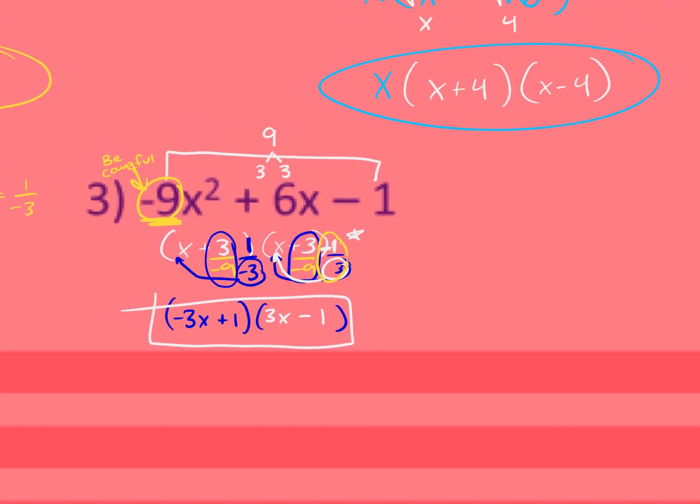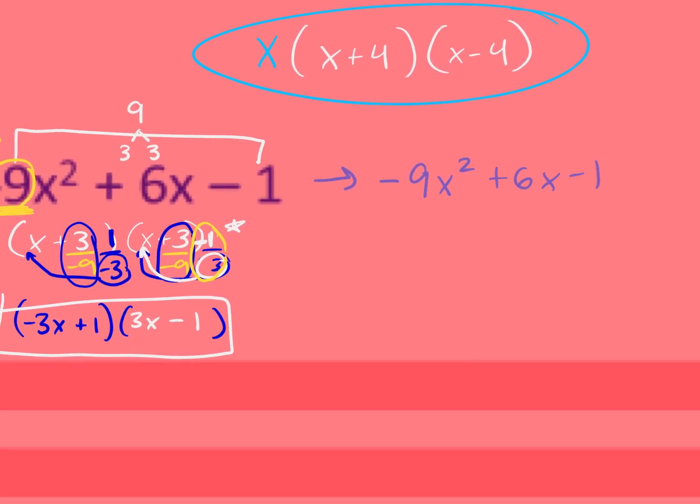Another way that we could do this question, because we don't like it when our leading coefficient's negative, is we could actually make it positive from the start. So I'm going to do this question again. Let's say we have negative 9x squared plus 6x minus 1. I'm going to take out a GCF of what do you think to make it positive?